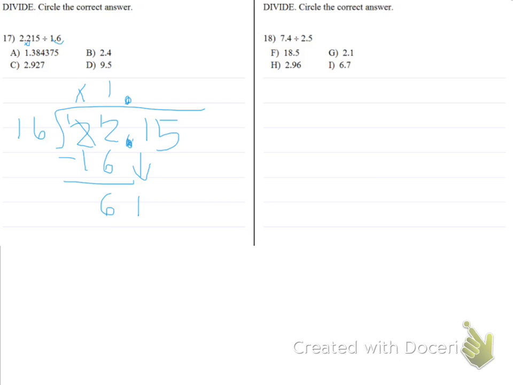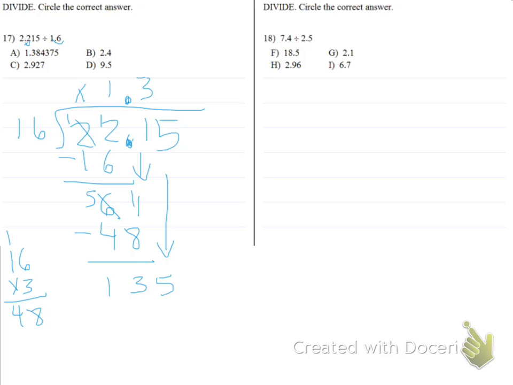Okay, and if I continue with this one, 16 goes into 61 3 times, because I can check on the side. 16 times 3, 18, carry the 1, 4. So 48 is the closest. 48, subtract to get a remainder. 13. Bring down the 5.